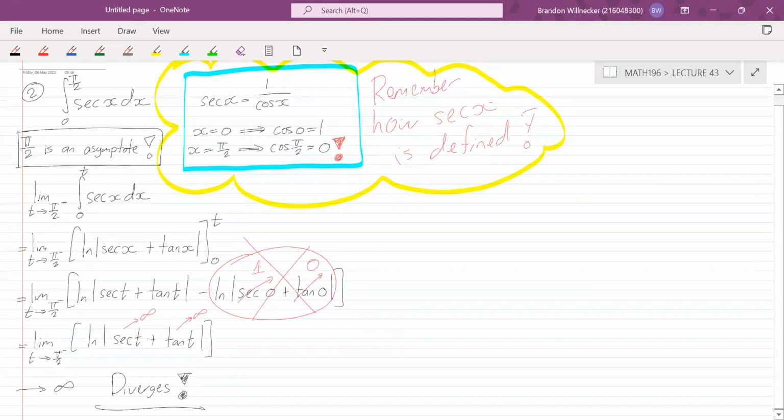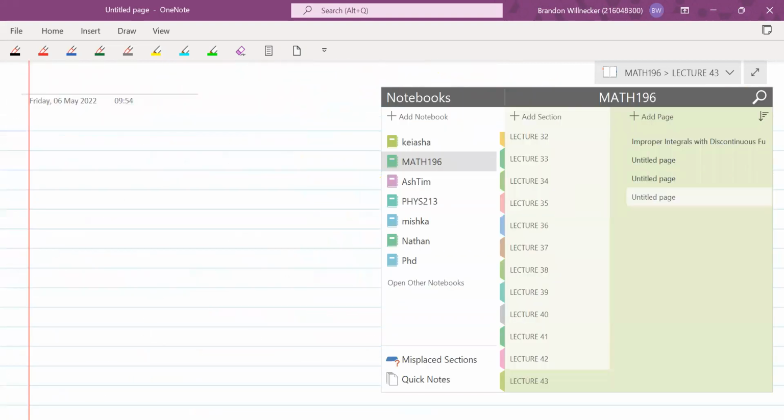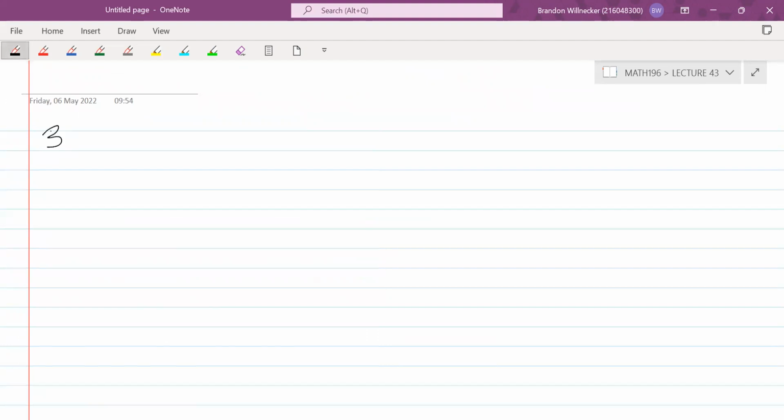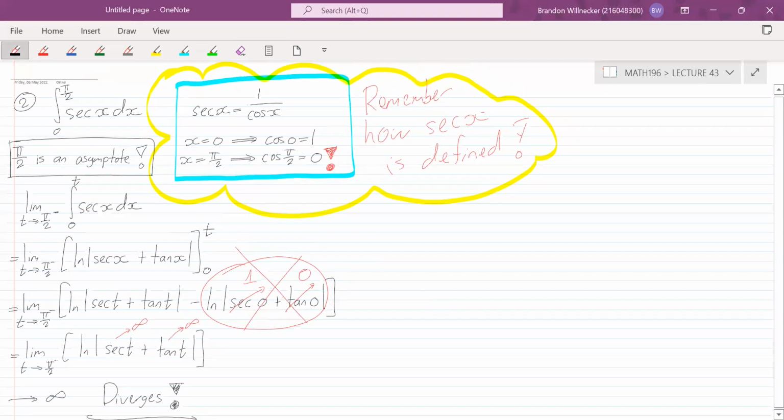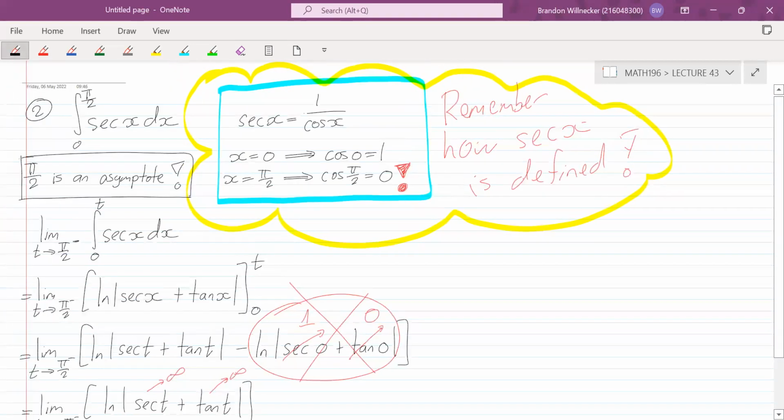Let's take a look at example 3. Someone's asking here how to see if there's an asymptote. That's what I was showing in this yellow cloud here.